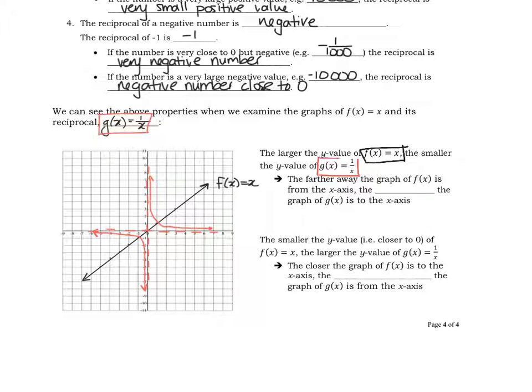There's my red graph, g of x equals 1 over x, which is the reciprocal, by the way. So it's the reciprocal 1 over f of x, which is really 1 over x. Okay. So the farther away the black graph arm is from the x-axis, that means that the closer the graph of g of x will be to the x-axis.